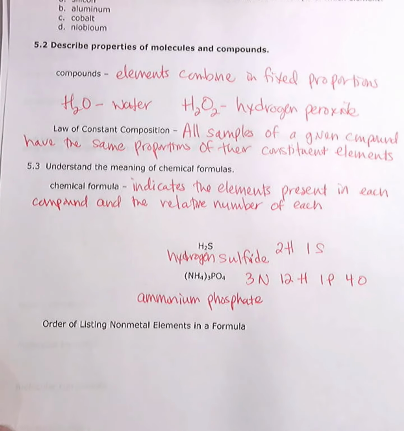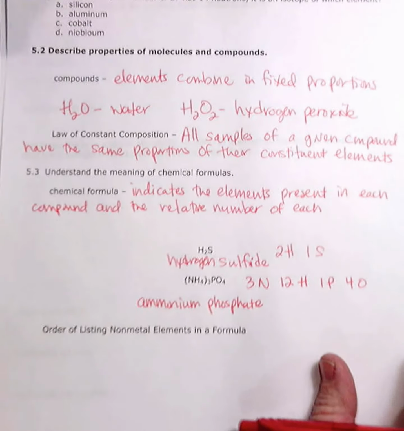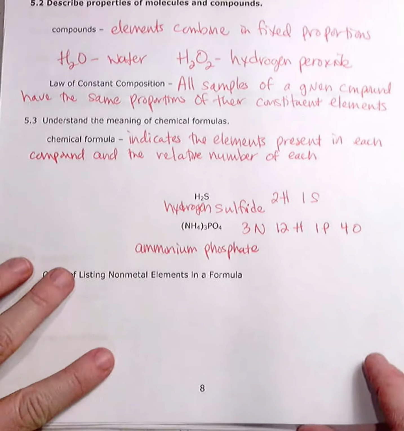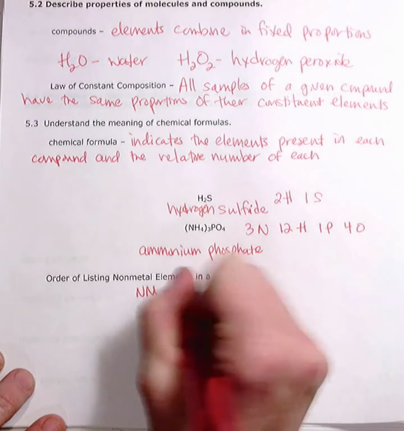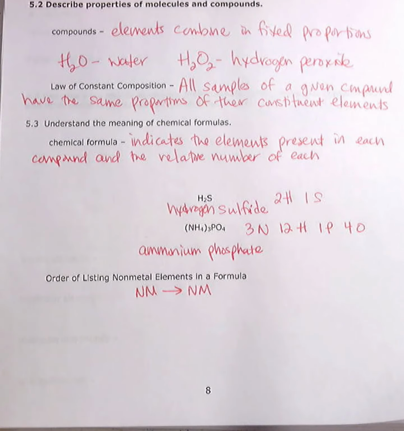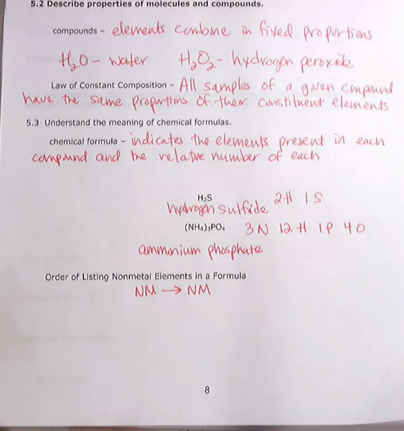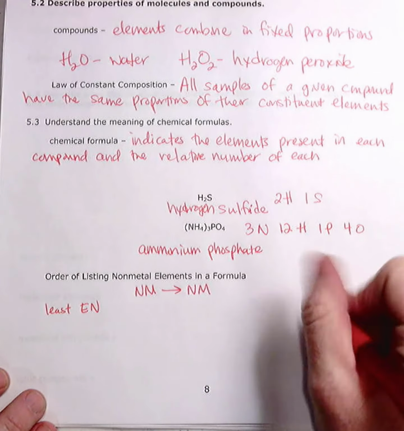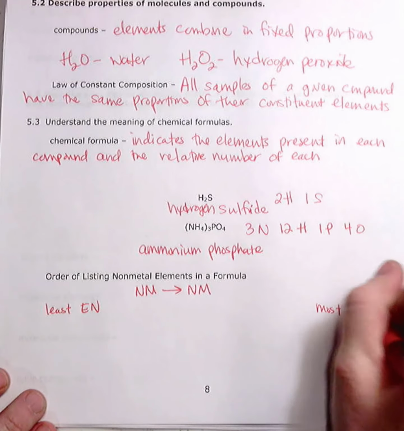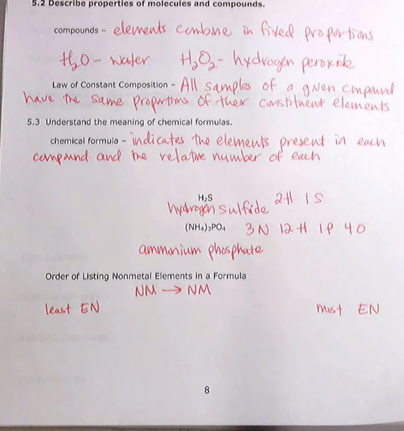Okay, now let's talk about the order of listing nonmetal elements in a formula. So this is when you have like nonmetal to nonmetal. There's an order, and it goes based on electronegativity. So it goes from least electronegative to most electronegative. And electronegativity has to do with how well an atom attracts electrons to itself, how well it hogs the electrons.